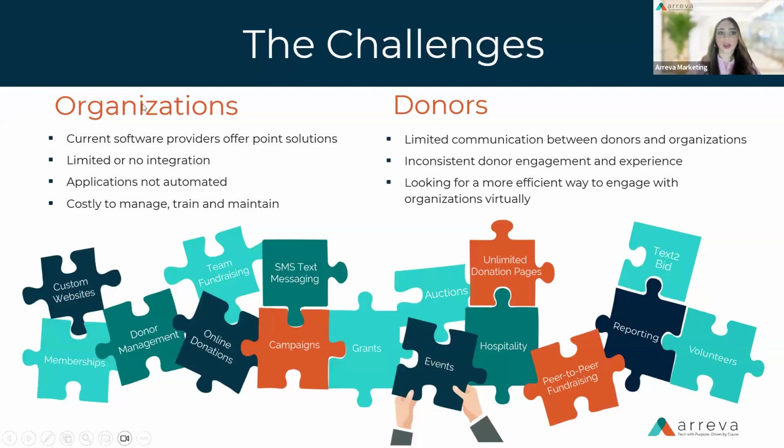But just to talk a little bit about Arreva and who we are as a company, we spoke a lot about technology today, but one of the challenges that we saw in the industry 30 years ago were all these different systems, whether it's for donation pages, campaigns, volunteers, team fundraising, peer-to-peer fundraising, auctions, and none of those systems spoke to each other, which led to an inconsistent donor experience, maybe not properly stewarding donors, just sending out a generic receipt after a donation is made and not helping to deepen those donor relationships.